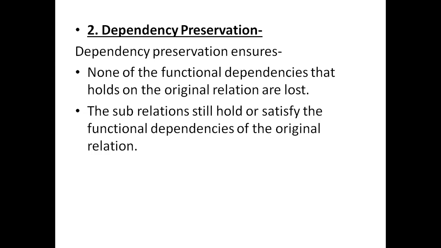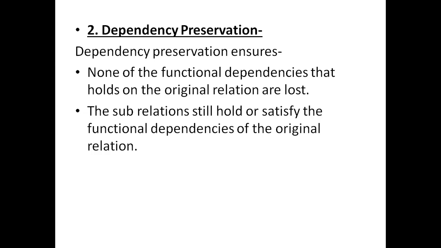So what do you mean by dependency preservation? None of the functional dependencies that hold on the original tables are lost. On the base table I have some functional dependencies. For example, take a student table with attributes like student number, student name, student address.